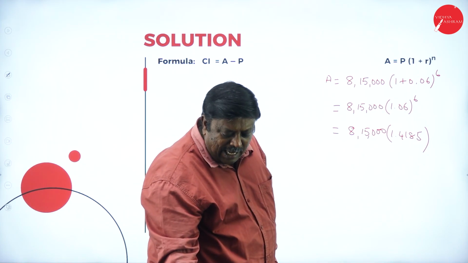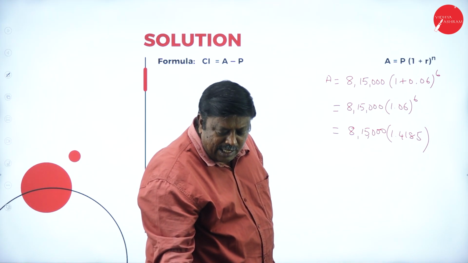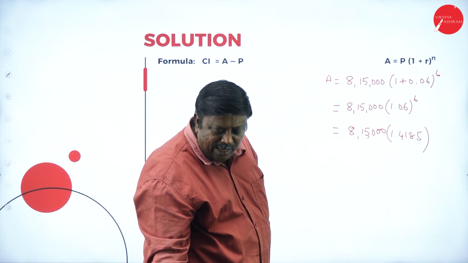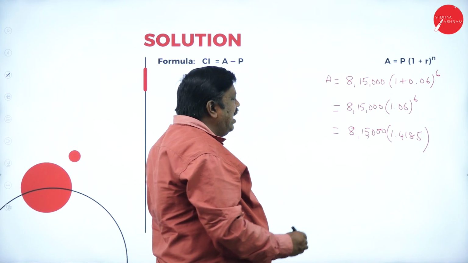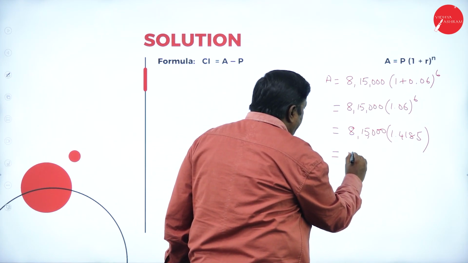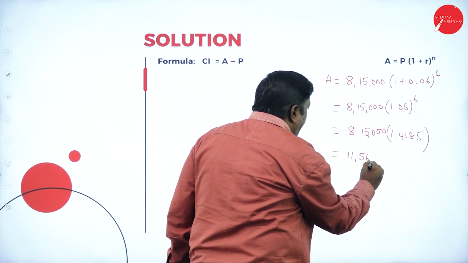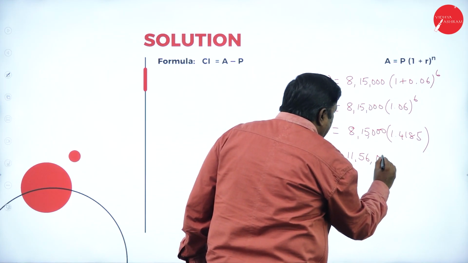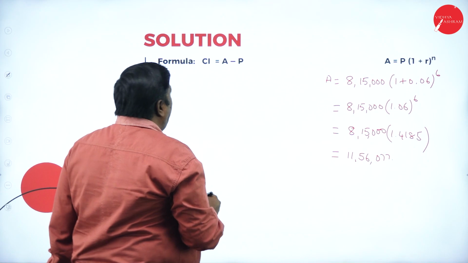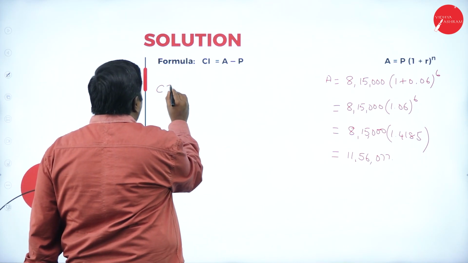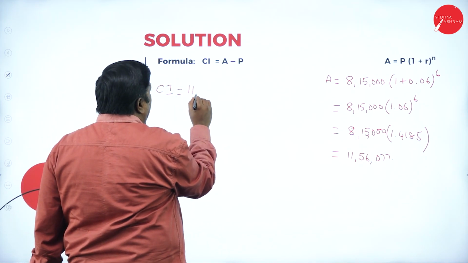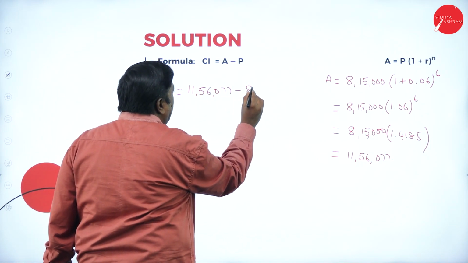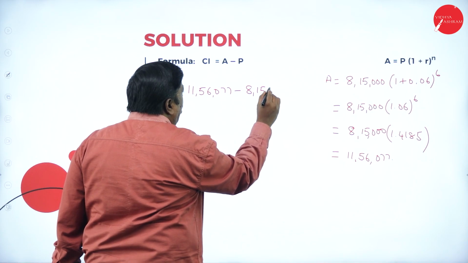8,15,000 into 1.4185 will be 11 lakh 56,077. So now compound interest will be 11 lakh 56,077 minus 8 lakh 15,000.